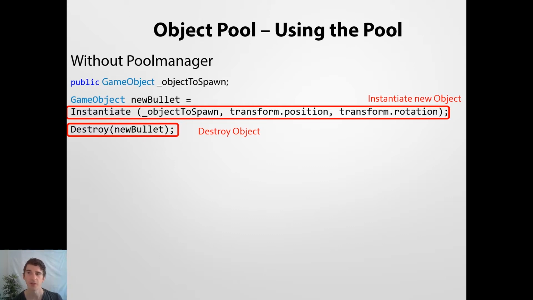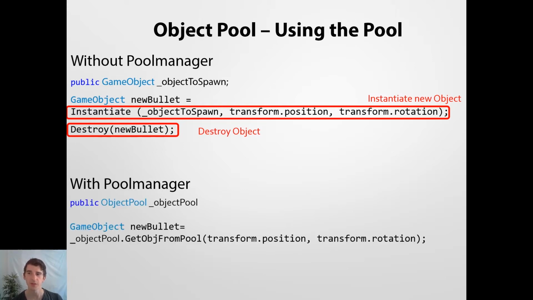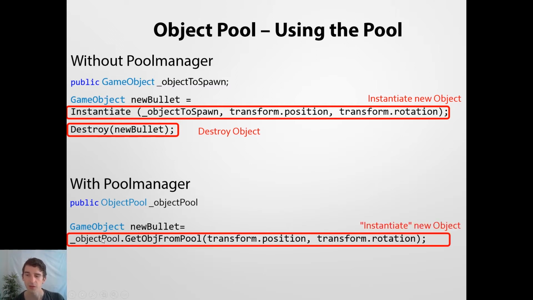All right, so far so good. Now let's see how we can do this with the pool manager. So instead of a reference to a prefab which we want to spawn, we have a reference to an object pool. And if we want to instantiate this new bullet, we then use the ObjectPool.getObjectFromPool method. And you can see I implemented this to be very, very similar to the instantiate method.